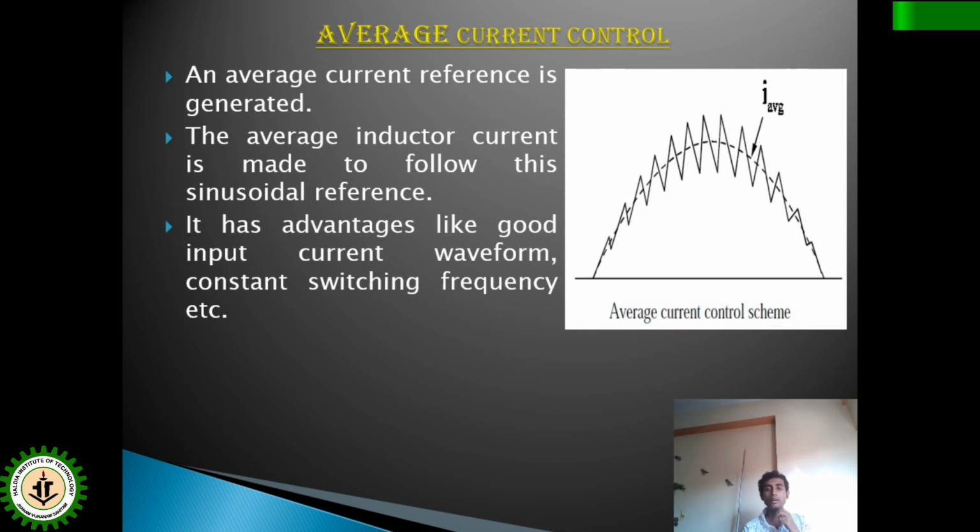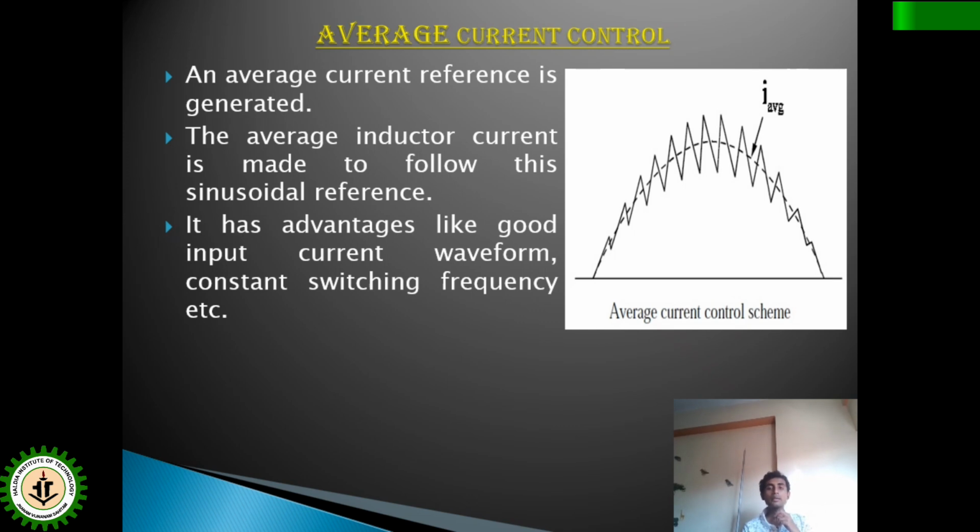In this way, current will increase and then decrease, increase and then decrease, but the average of this current will be the same as the reference, that is I average. As we can see here, the inductor current IL will follow the sinusoidal form of the reference current, which is I average.